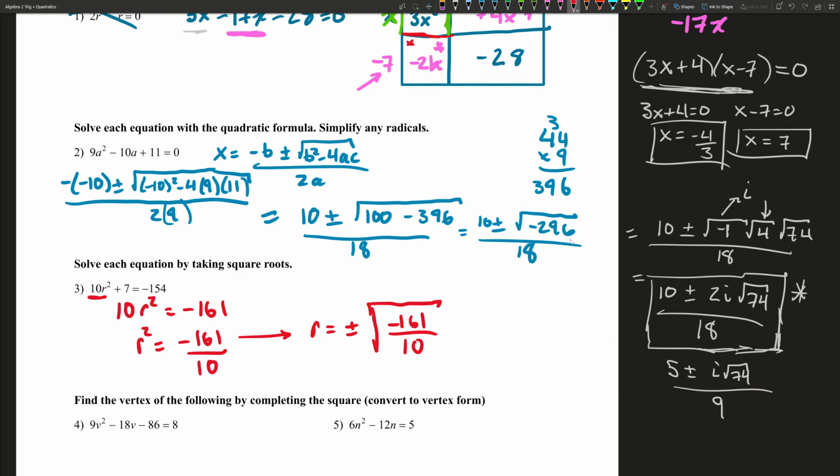So we're going to leave that there. Okay, so we're going to simplify this a little bit. This is plus or minus the square root of -161 over the square root of 10, which is i rad 161 over the square root of 10.